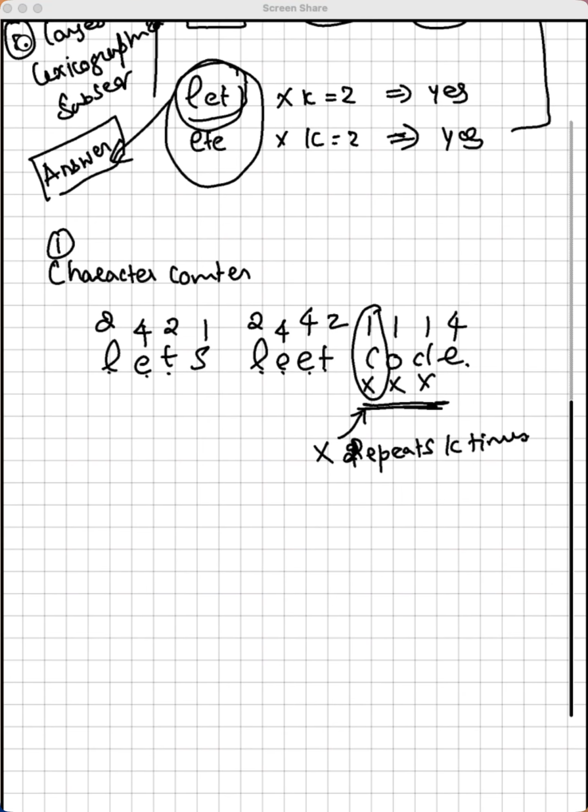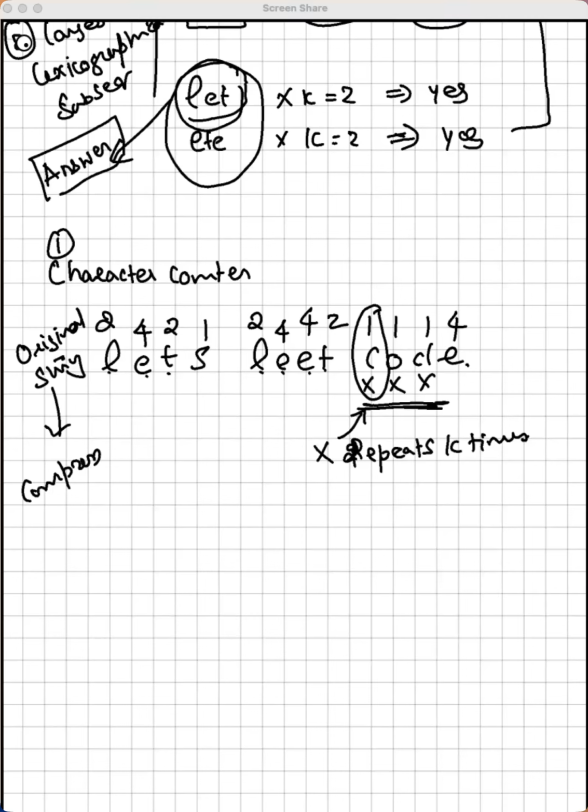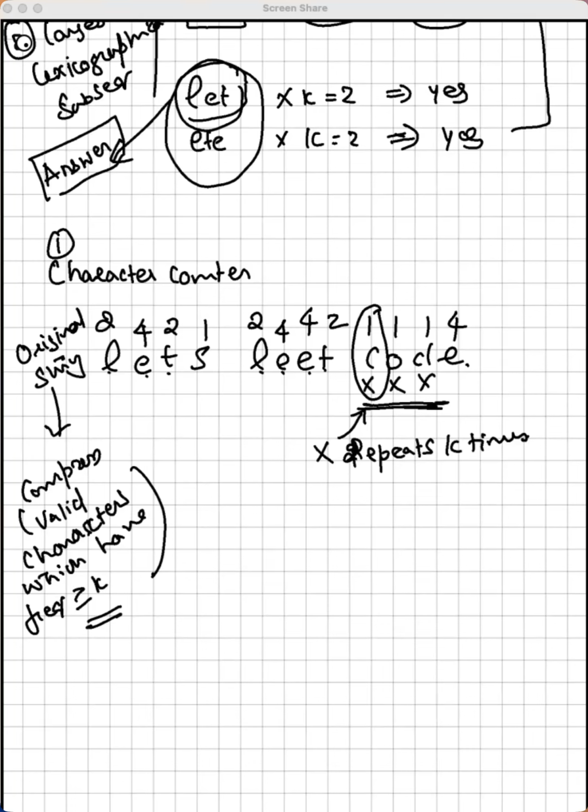So that's our first step, which is to take your original string and compress it to get valid characters which have frequency greater than or equal to k, so that I can generate k repeats.